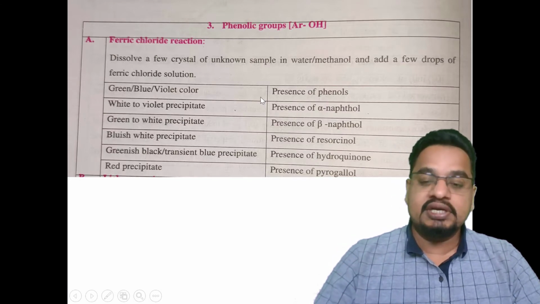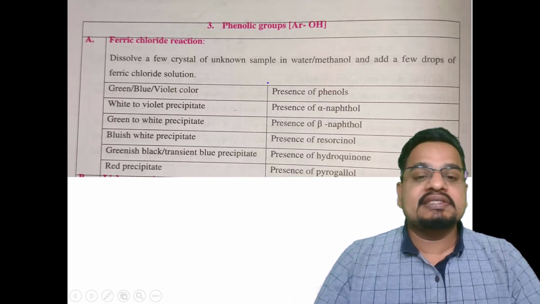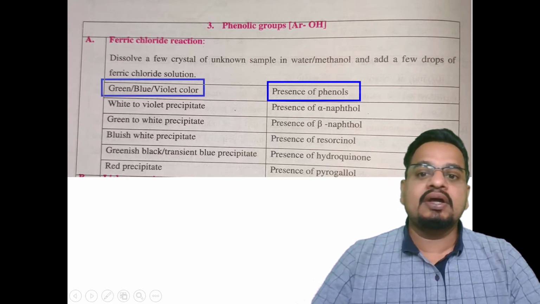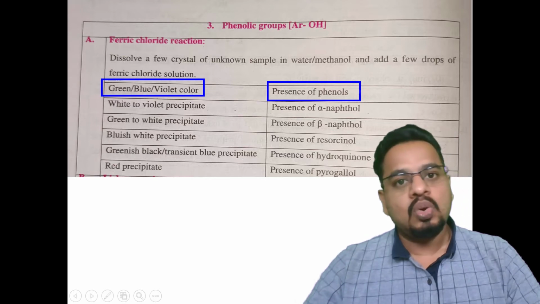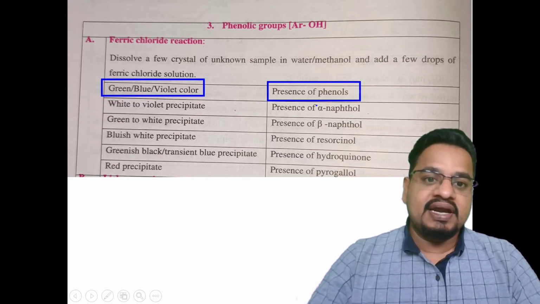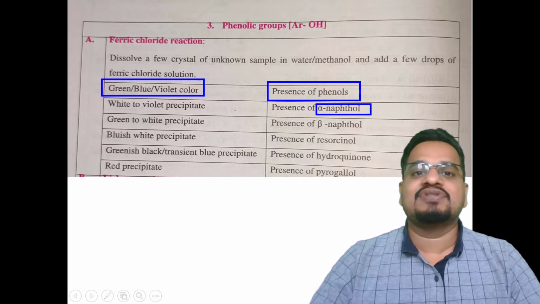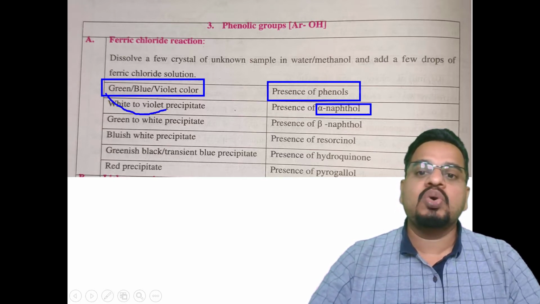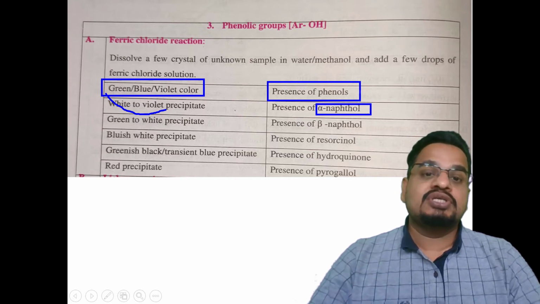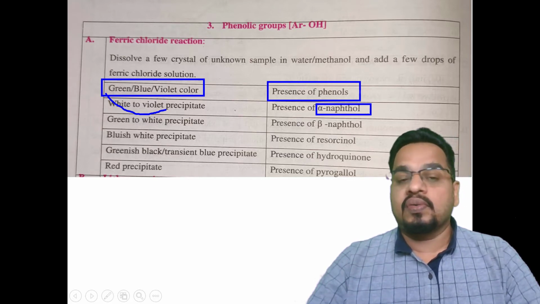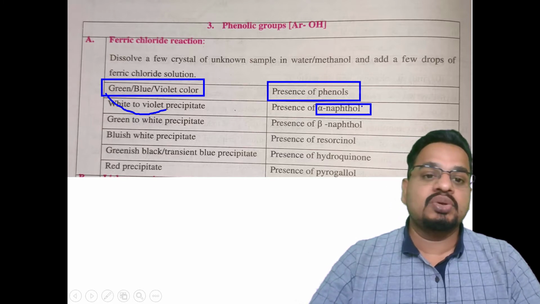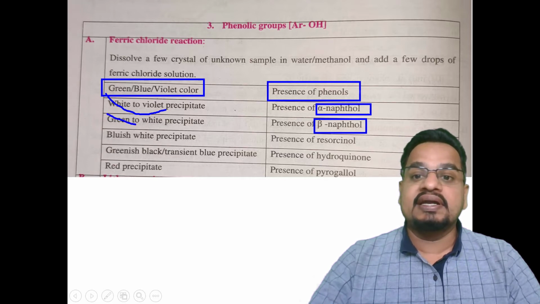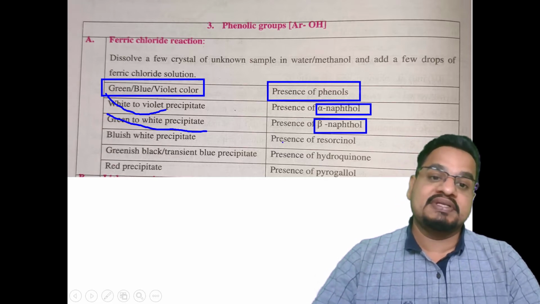Now here I have mentioned that if there is a presence of phenol, you will get either green or blue or violet coloration. If there is a presence of alpha naphthol, a phenol derivative, you are going to get a white to violet precipitation. So if it is a white or violet precipitation, you can say the compound may be alpha naphthol. In case of beta naphthol, it is a green to white precipitation.